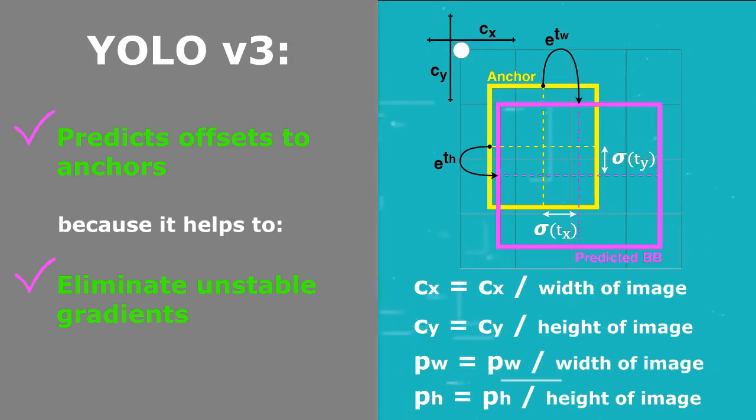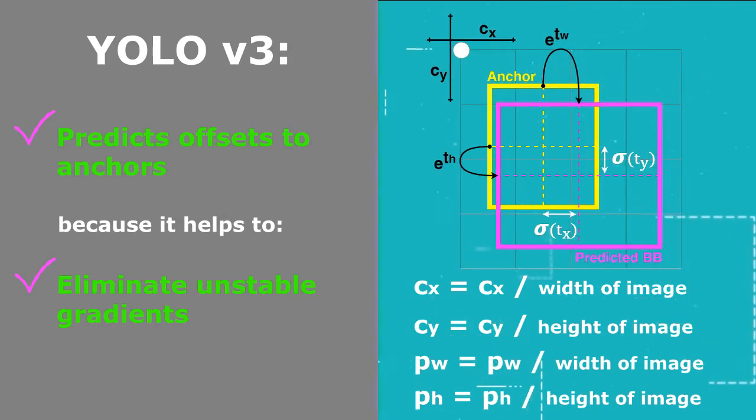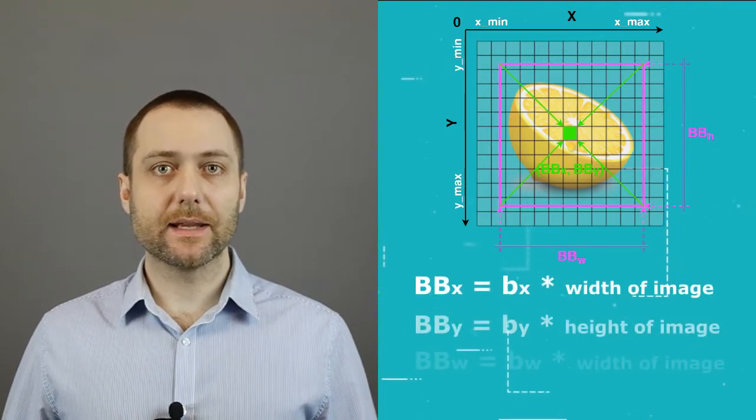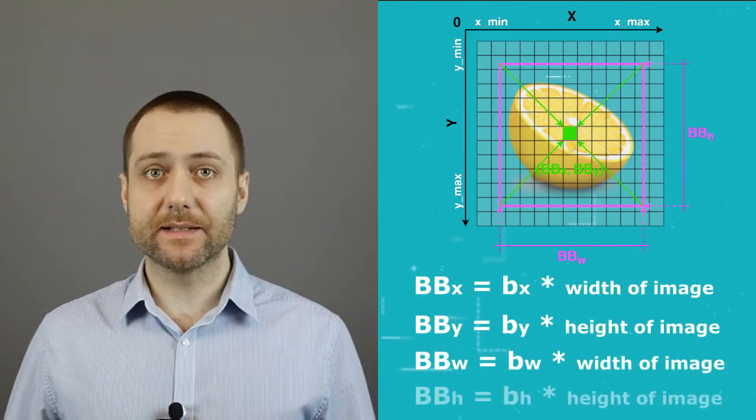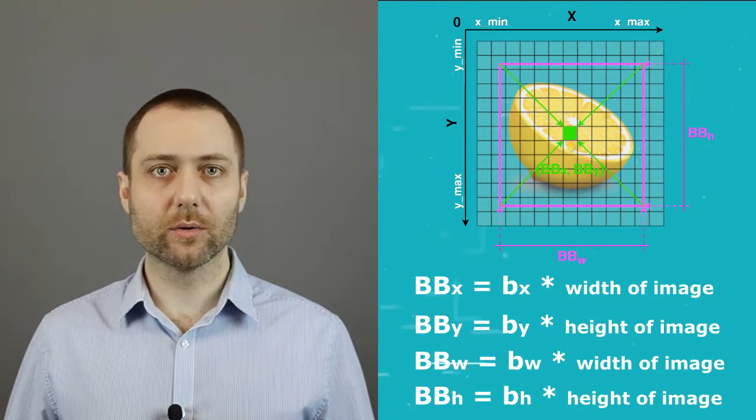And center coordinates tx, ty are passed through a sigmoid function that gives values between 0 and 1. Consequently, to get absolute values after predicting, we simply need to multiply them by the real and whole image width and height.